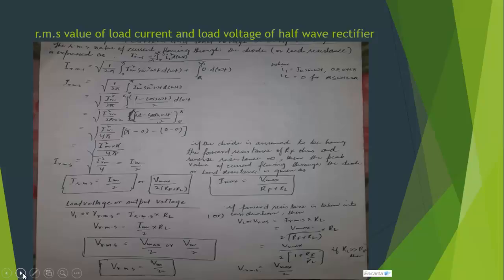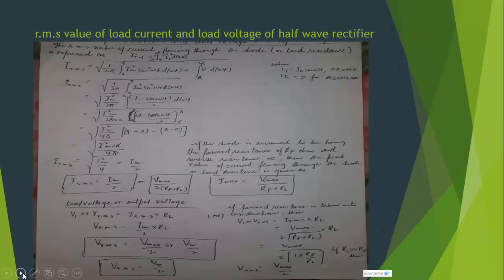If the diode is assumed to have a forward resistance of RF ohms and the reverse resistance is infinity, then the peak value of current flowing through the diode or the load resistance is given as I max is equal to V max divided by RF plus RL.